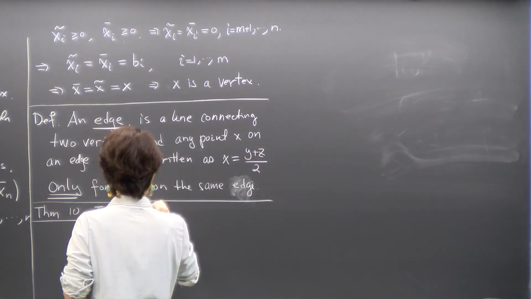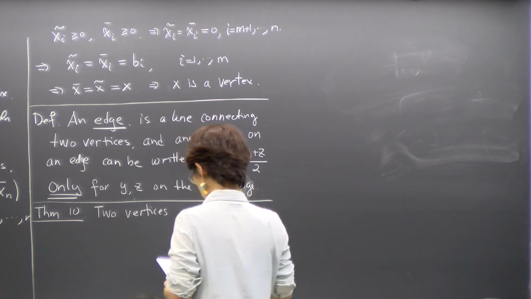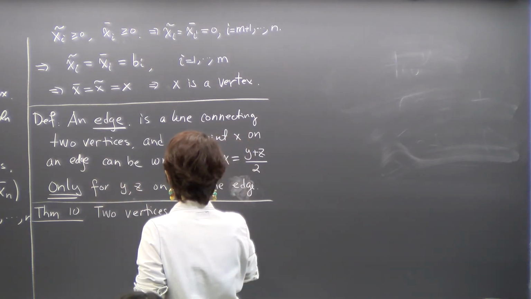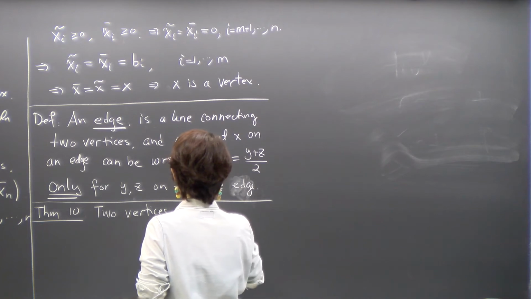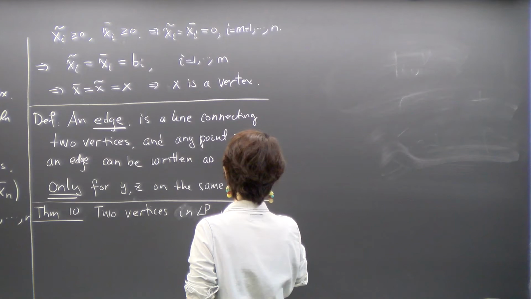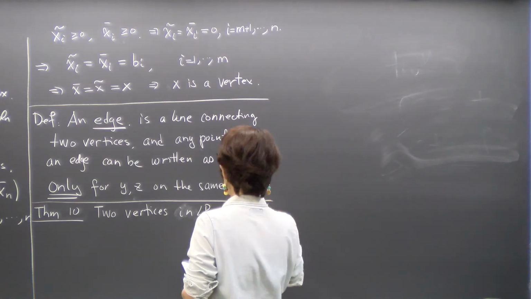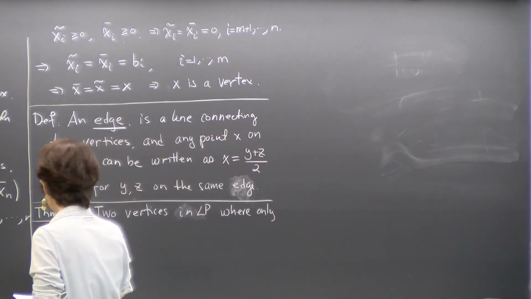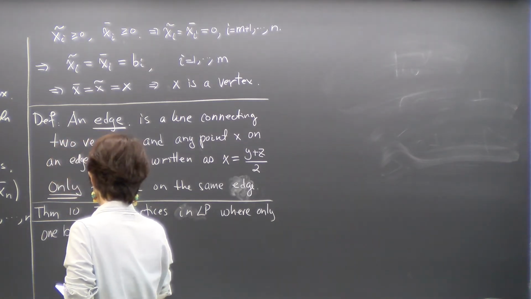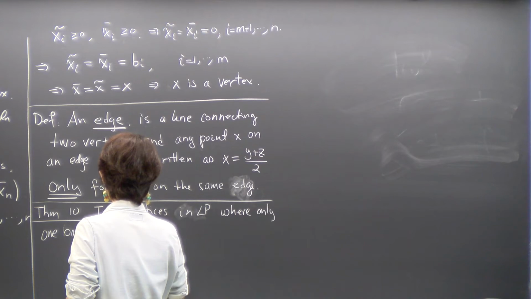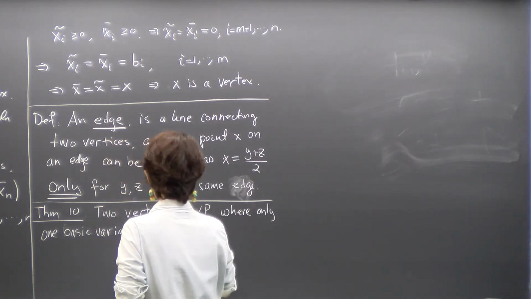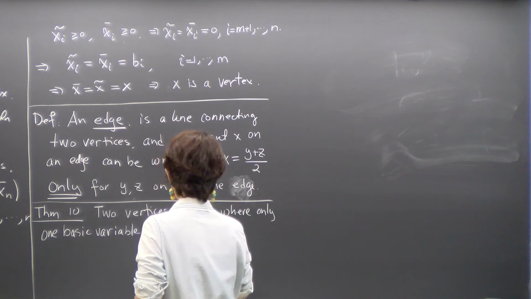So, two vertices or two basic solutions in the linear programming problem where only one basic variable is changed.